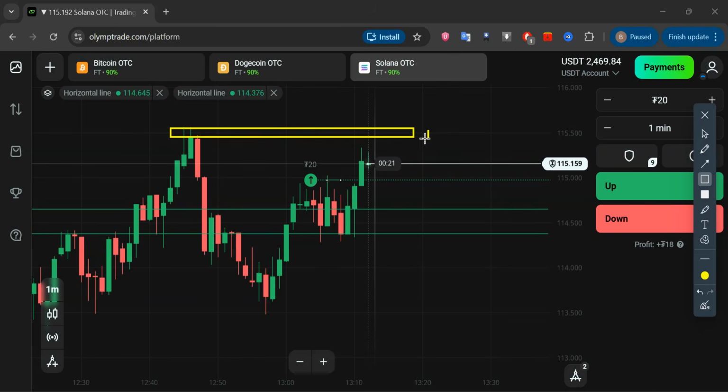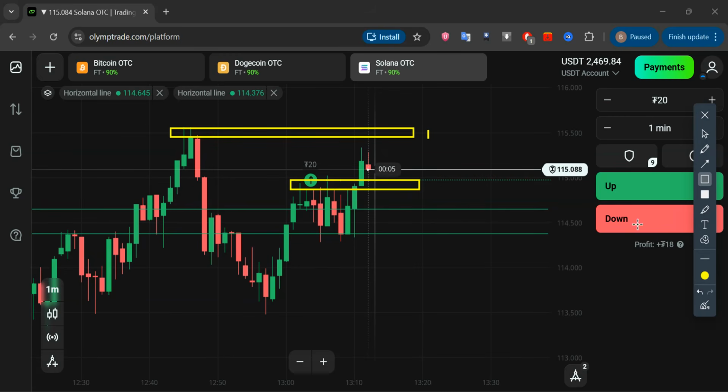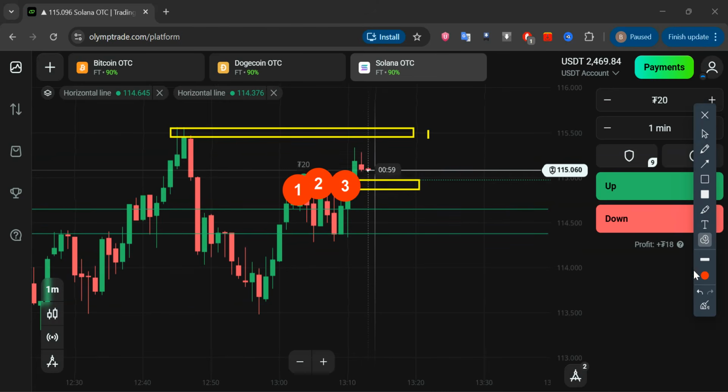This is our target. Let's check if you have left anything behind. There's an area here that can act as a support. So when you observe such areas, they will act as support because the market has tapped on that area several times.